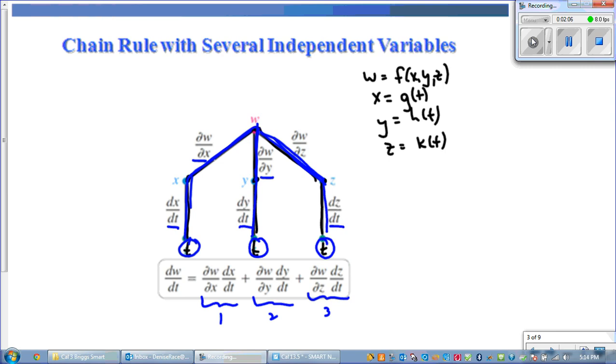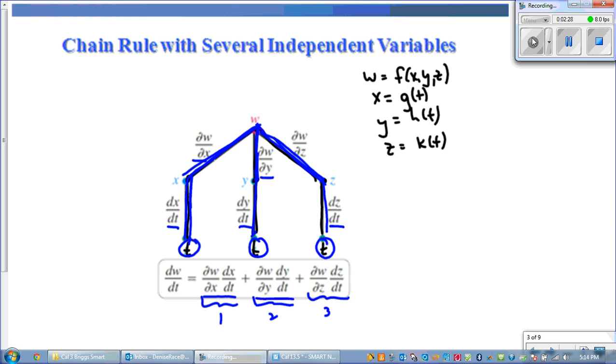The contributions to that change in W with respect to T come from the partial of W with respect to X times the derivative of X with respect to T. The partial of W with respect to Y times dy/dt.